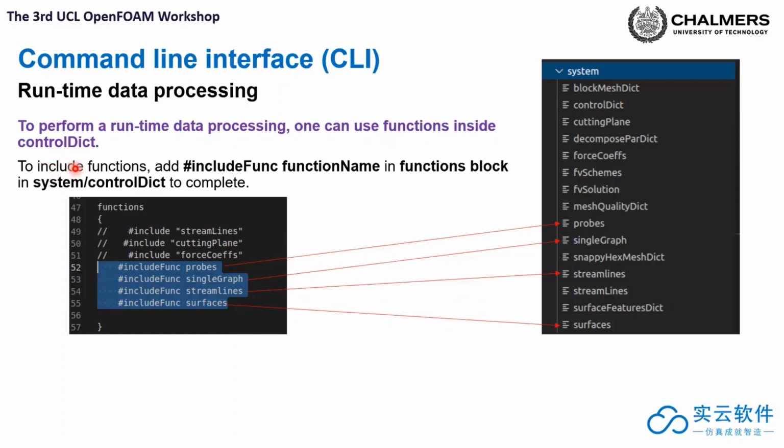To include the functions, if you check the OpenFOAM user guide, there is one option to use the #includeFunc syntax, the keyword, and then put the function name after that. For example, if I want to include the probes function into the controlDict functions block, I use #includeFunc probes.